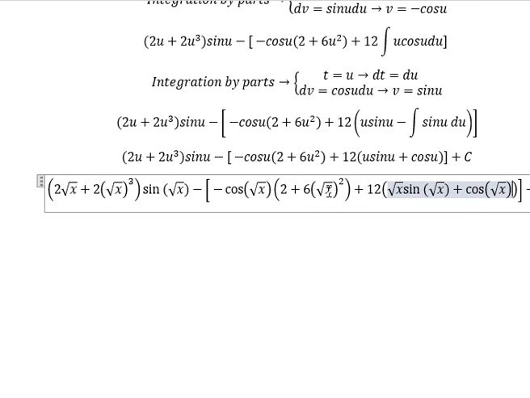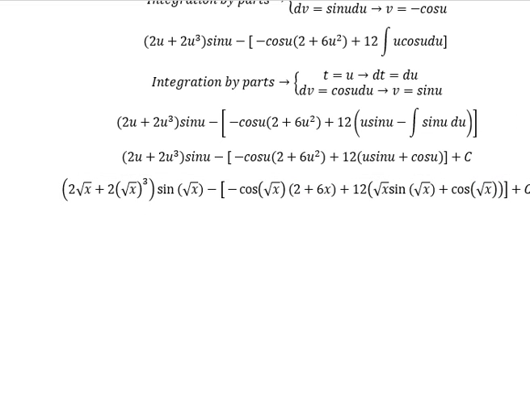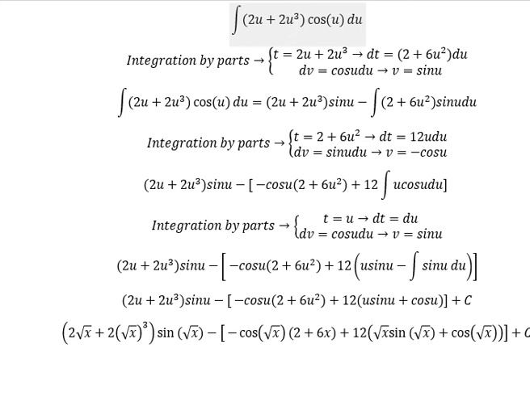We have the square root of x with the power 2, you got x. This is the end. Thank you for watching.